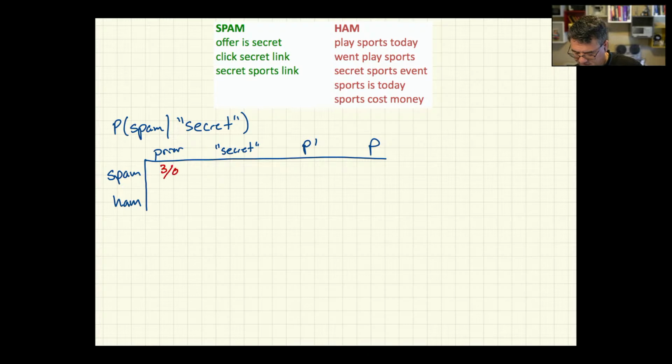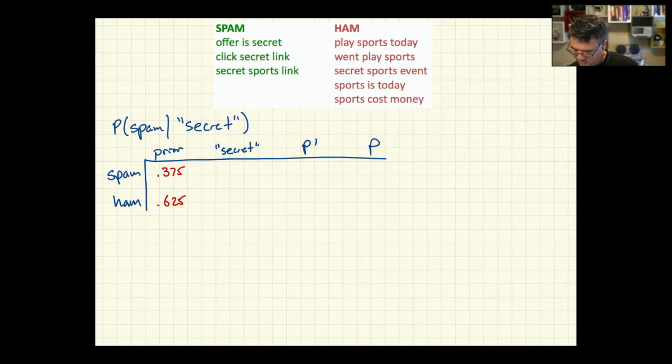There's a 3 out of 8 chance that it's spam and a 5 out of 8 chance that it's ham. Actually, I'm just going to do this as decimal numbers. 3 out of 8 is 0.375, and 5 out of 8 is 0.625, if I do my calculation correctly. Yeah, 0.625.